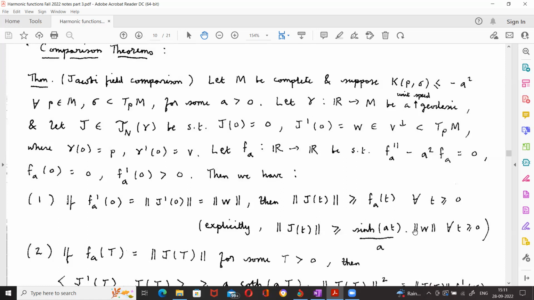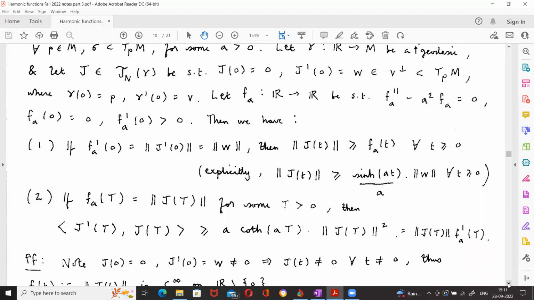The right-hand side is the norm of the Jacobi field in H2 with constant curvature minus a squared. Is this okay? So this is the first comparison theorem.